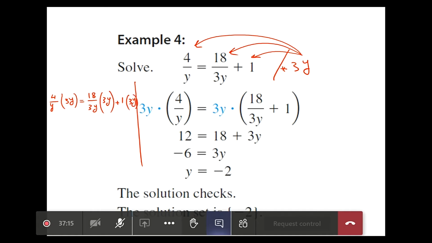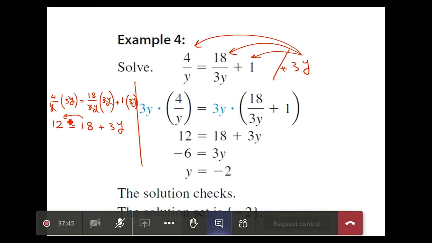So we remove y with y and we have 12. Remove 3y with 3y, we have 18. Plus 1 multiplied by 3y, we have 3y. Okay? We multiply by 3y to remove the denominators. We must remove the denominators. It's easier.